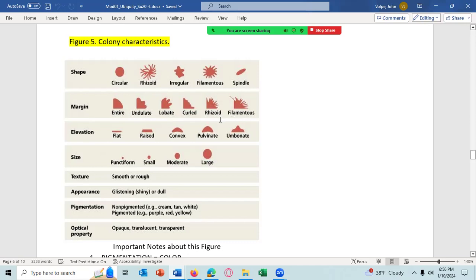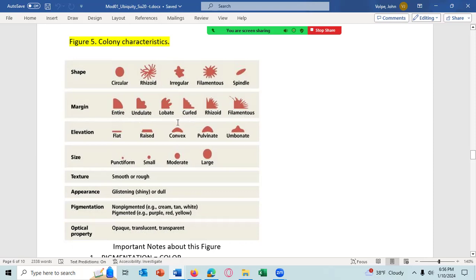I would expect you to be able to tell me the difference between an entire margin and either rhizoid or filamentous. And likewise, you don't need to separate undulate and lobate and curled from each other because they're all similar, but you should be able to separate entire from undulate, lobate, or curled.